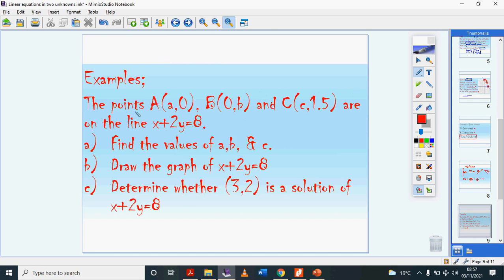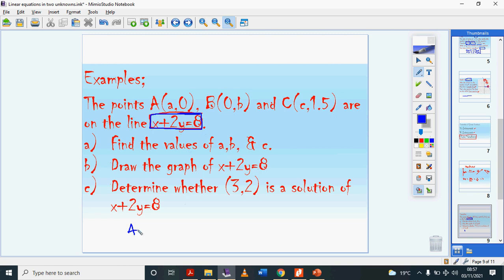Okay, so last example. I have these points A, B, and C, and they are on this line: x plus 2y is equal to 8. I want to find the values of A, B, and C. I'm just going to substitute the other part of the point that's given.